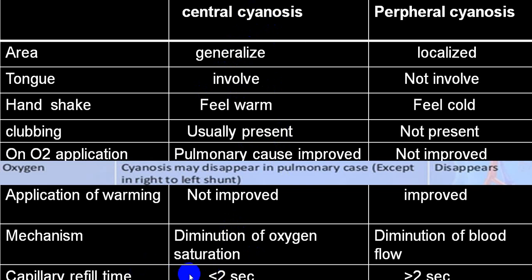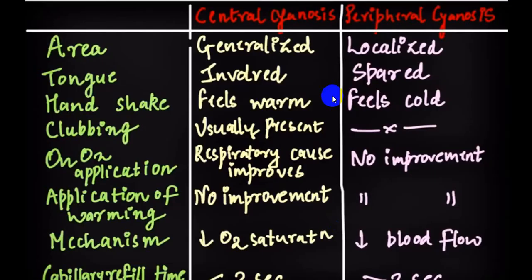So capillary refilling time is less than 2 seconds, while in peripheral cyanosis, as the blood flow is markedly diminished, the capillary refilling time is more than 2 seconds. The same points apply: area, tongue, hand temperature, clubbing, oxygen application, warming, mechanism, and capillary refilling time.